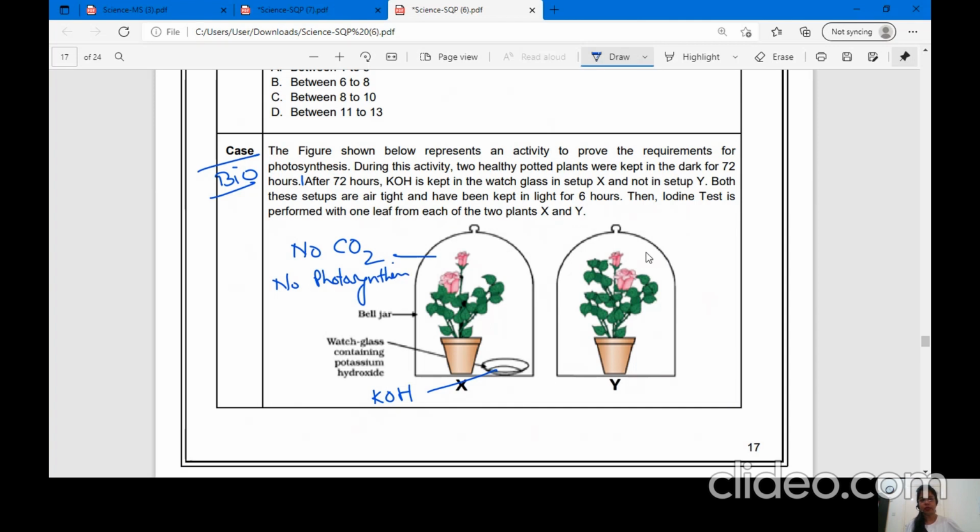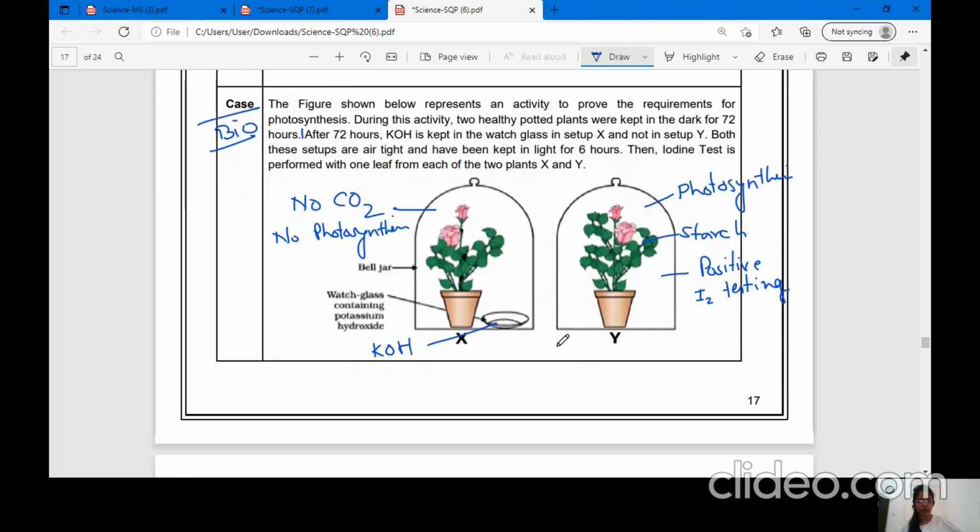But here photosynthesis will take place, and because of photosynthesis, it will form starch. If you pluck a leaf from both the plants, this plant will show positive iodine testing. So this is the rough work you should do in the beginning so that you can understand the case.